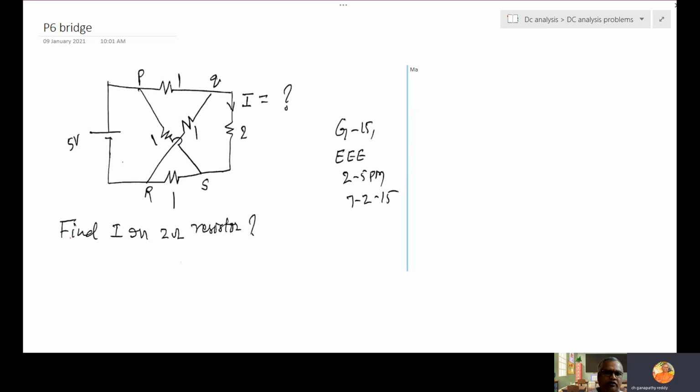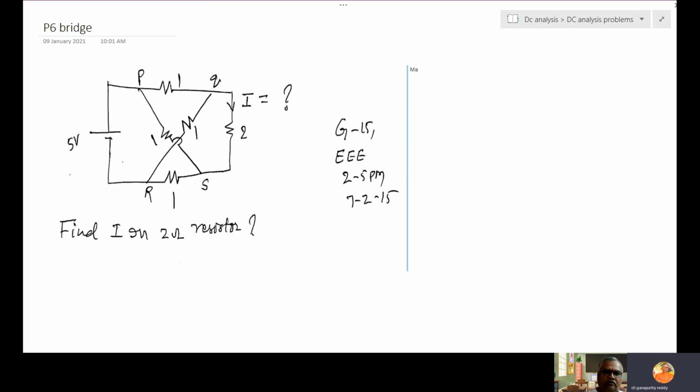This is very peculiar. Find current I in 2 ohm resistor. So it is not appearing like a bridge, but interestingly, if you redraw, it looks like a bridge only. What is the thumb rule for bridge? 5 elements are there.